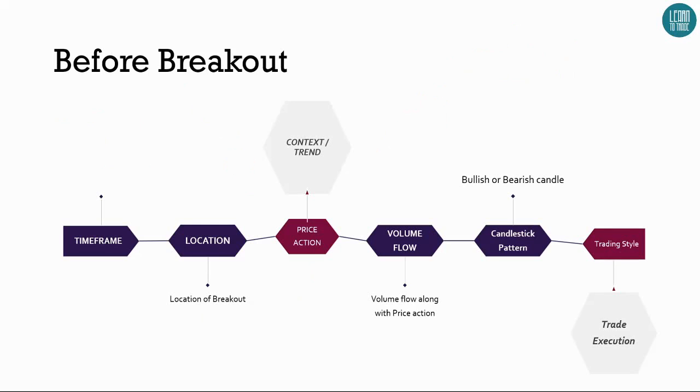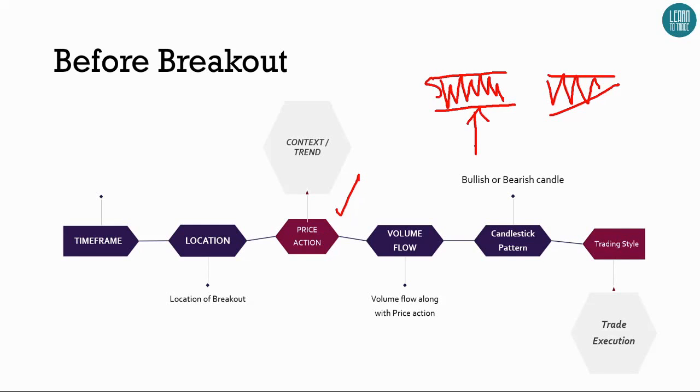That means in a breakout, before the breakout develops, in this sideways momentum or sideways balanced auction, what price action is getting developed inside this tight range will be very important. Because let's assume the price action is not much in favor of buyers, but still a breakout happens towards the upside.